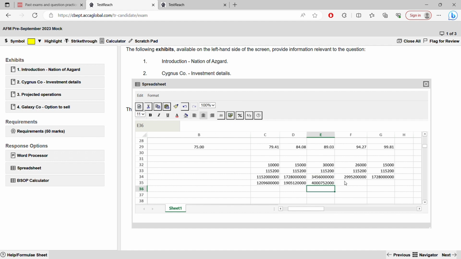Enter. Same. Equal to this multiplied by 1.05 to the power 4, fourth year, and here equal to this amount multiplied by 1.05 to the power 5. By the way, if you don't know how to put the power sign, it is shift 6. This sign has to come, and 5 goes to the power 5. Enter. Done.